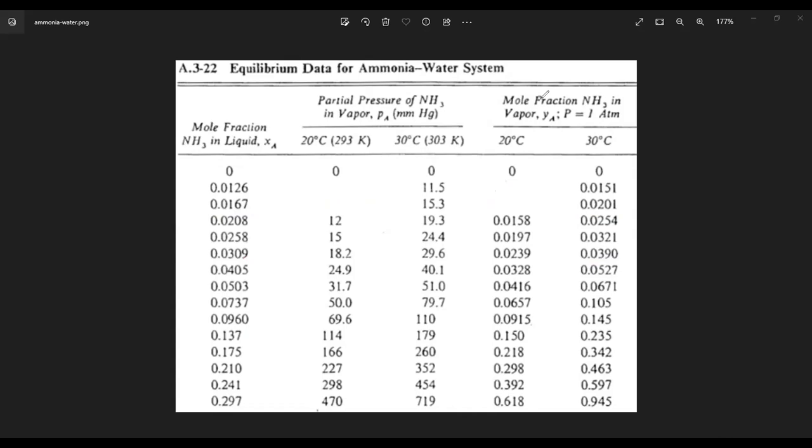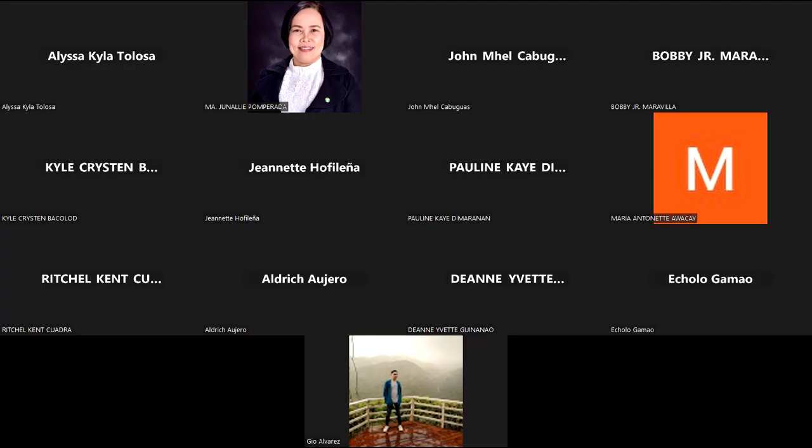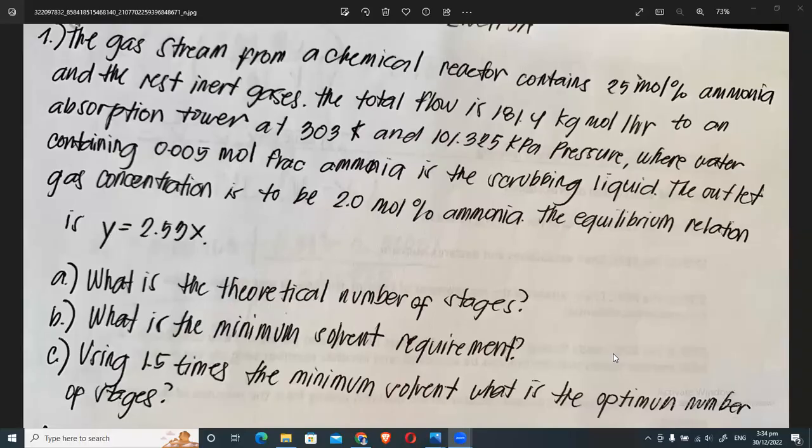And I'll close this one. I'll go back to what I was sharing with you a while ago. So in the case of this problem, you are to determine the theoretical number of stages, the minimum solvent requirement, and the optimum number of stages.